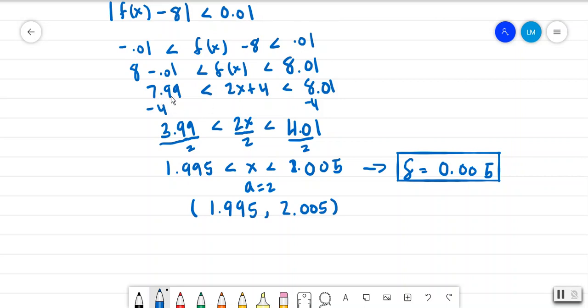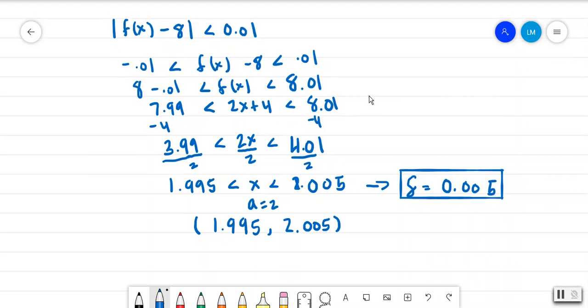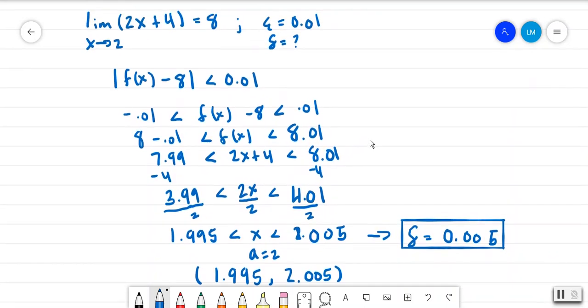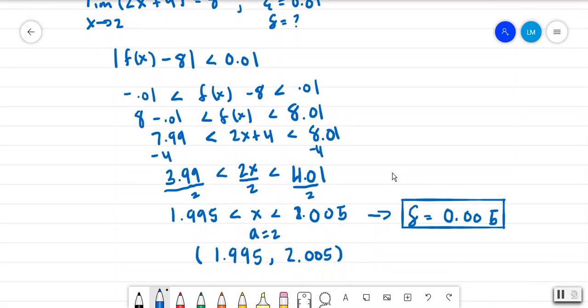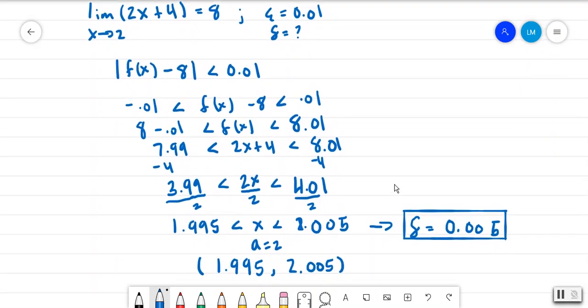So in this case 7.99, and then we have 8.01. But notice that if you plug in 2.005, you will get 4.01, and then plus 4 is going to be 8.001 or 8.01.